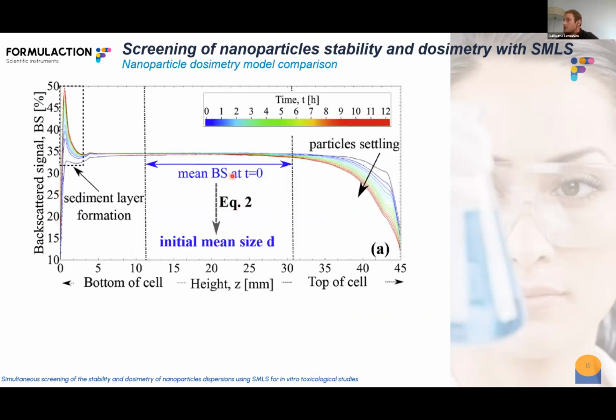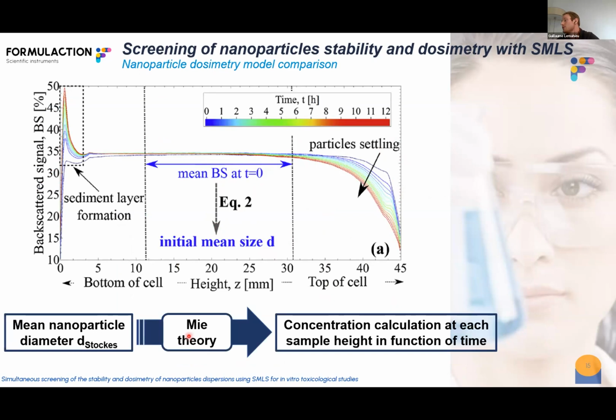So what we see also here is that we are able, in fact, to have the mean initial size. But what is important is the agglomerated size we have in these transmission and backscattering profiles. And from this size, we can, with the software, recalculate the concentration we can have as a function of the sample height and as a function of time.